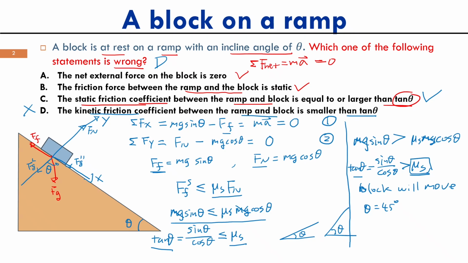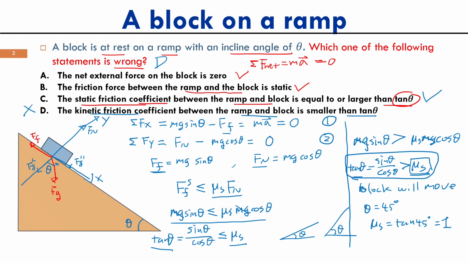That means your mu s equals tangent 45 degrees, so your static friction coefficient equals 1. So you can use this relationship to determine the static friction coefficient of a certain surface.